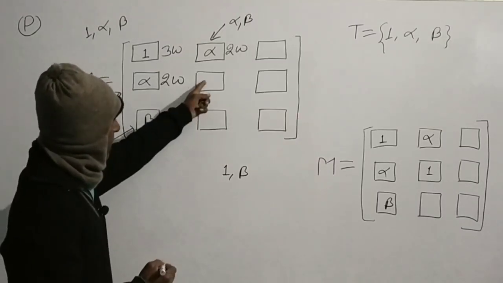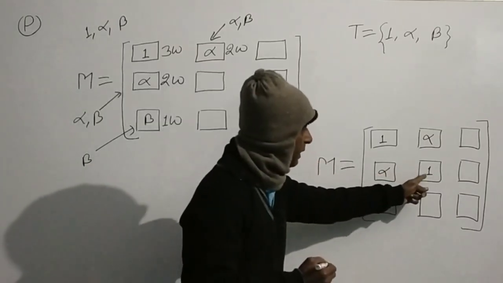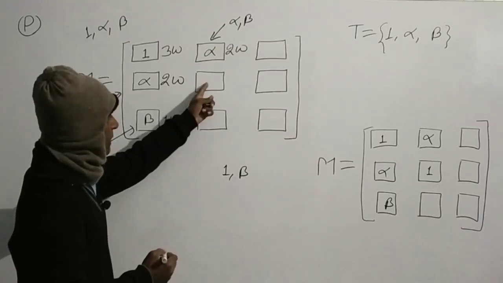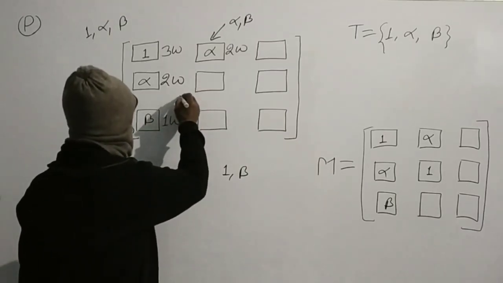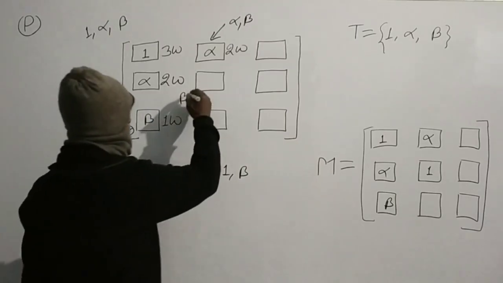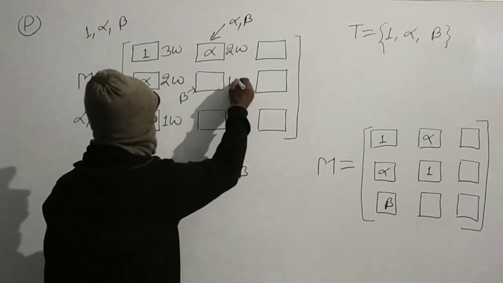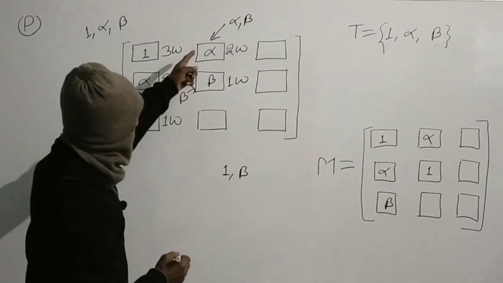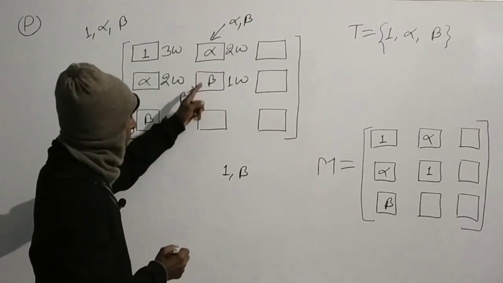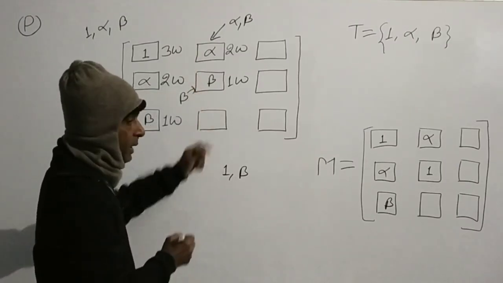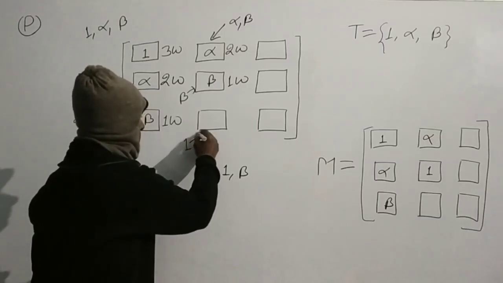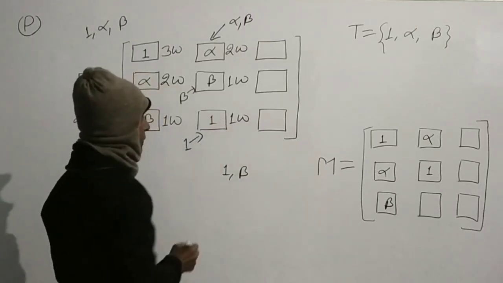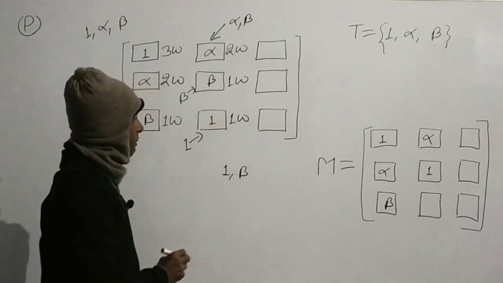That means this place cannot be filled by 1. That means this place can be filled only by beta, that means in 1 way. And when here is alpha, here is beta, then this place must be filled by 1. That means there is 1 way to fill this vacant place.